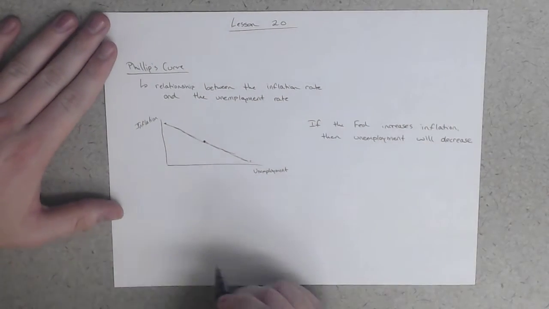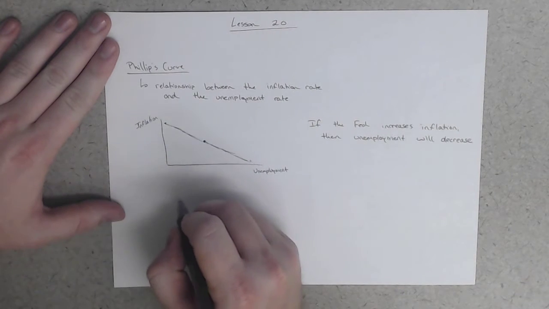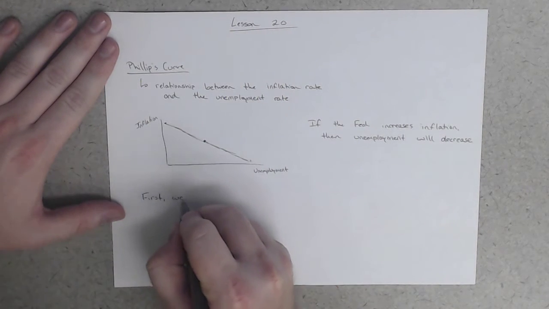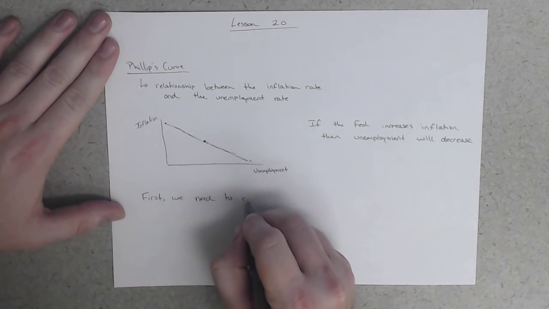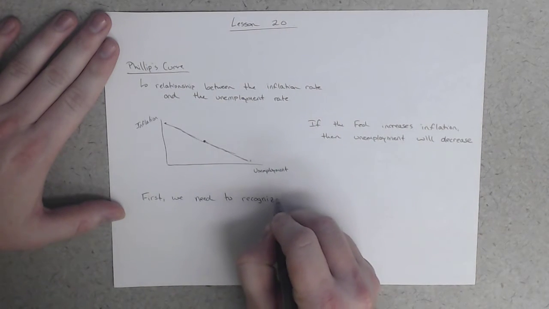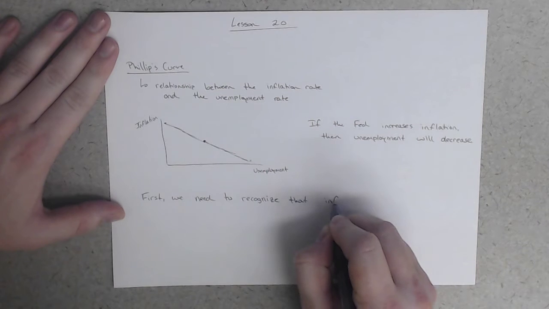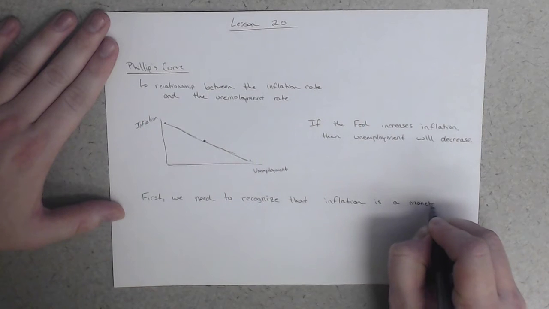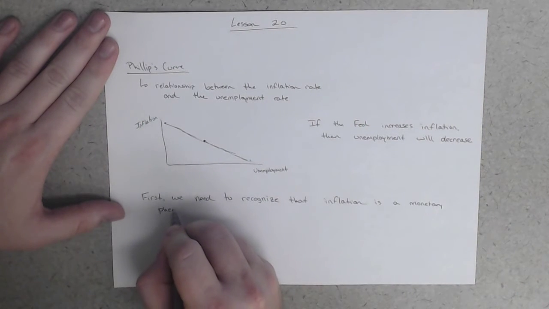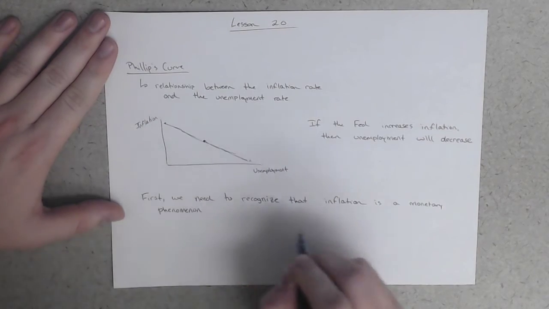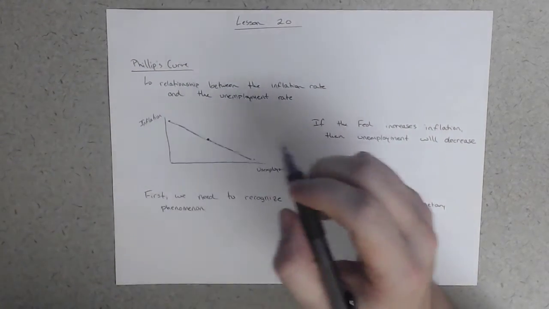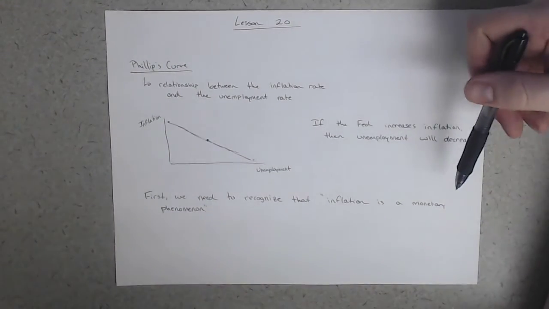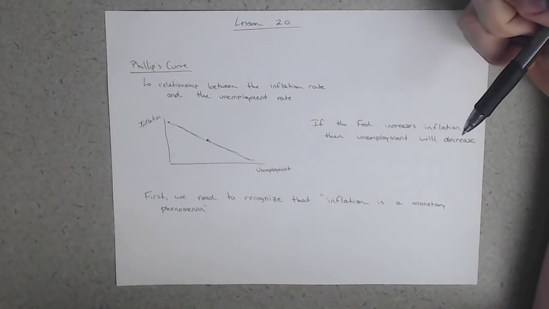Okay, so first we need to recognize that inflation is a monetary phenomenon. And what this means is that inflation is caused by increases in the money supply.